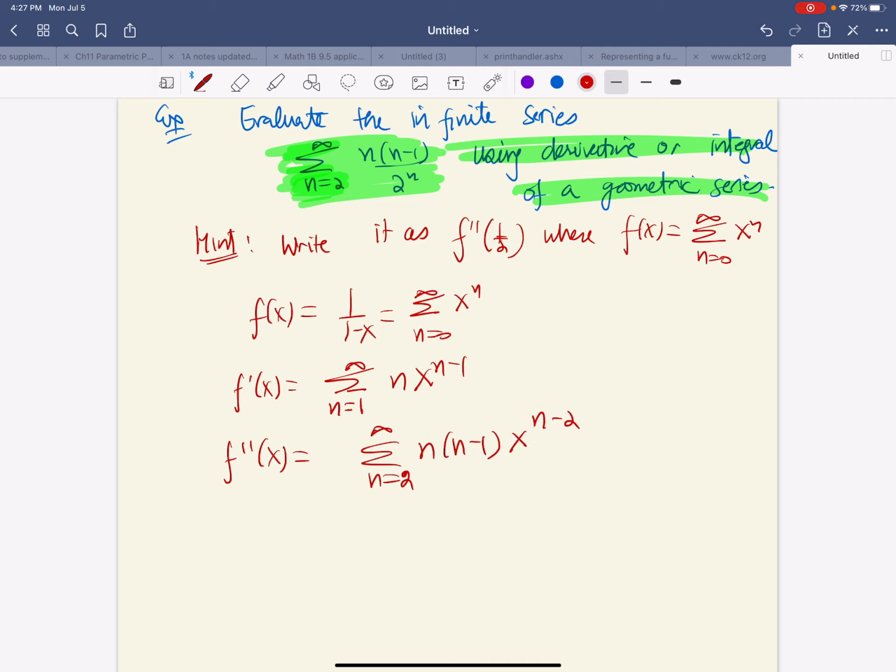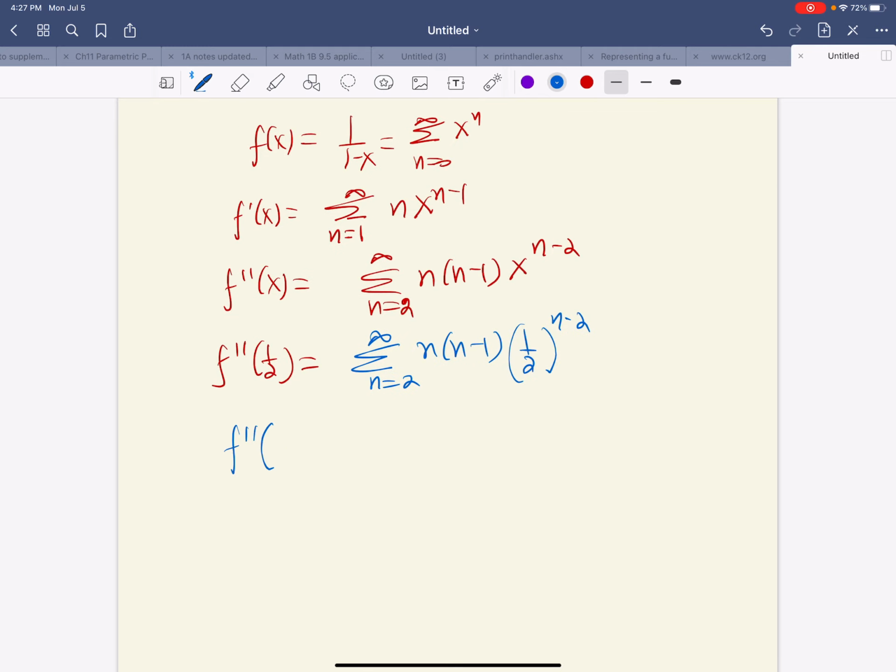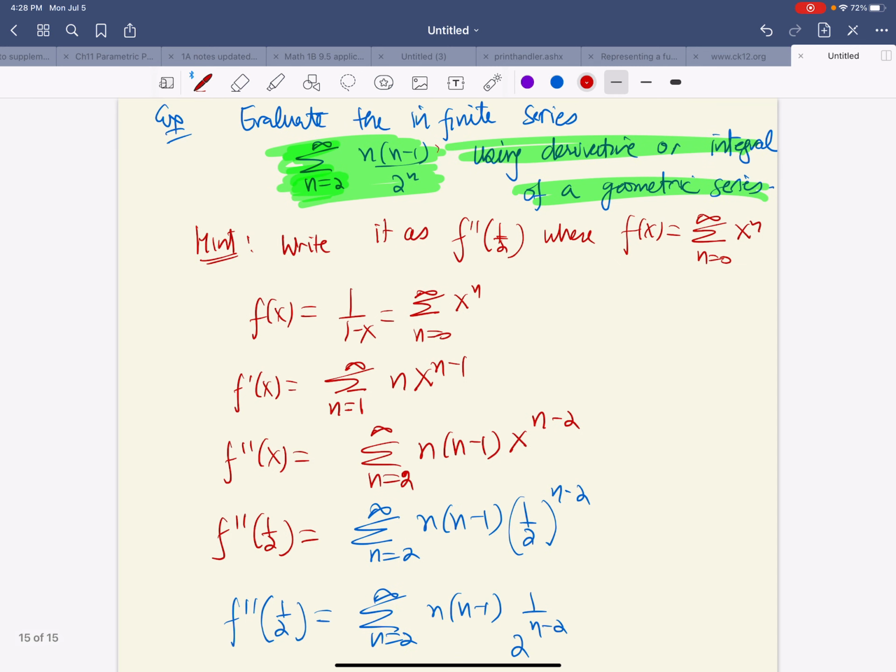If I use f double prime of 1/2, let's see where that takes me. f double prime of 1/2 is the summation from n equals 2 to infinity of n times n minus 1 times 1 over 2 to the power n minus 2. Now I don't want this n minus 2. I want to make it look like the function I have.